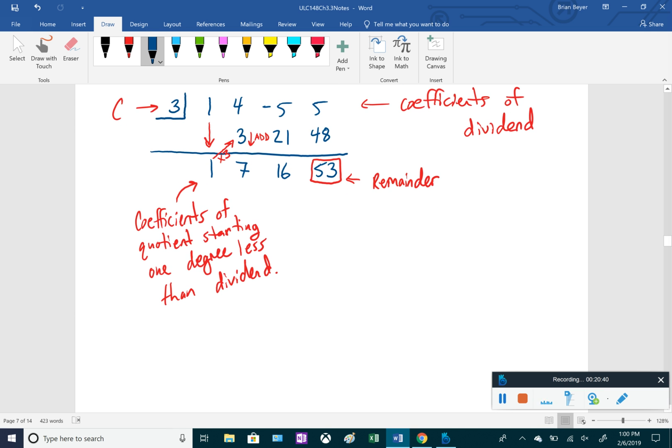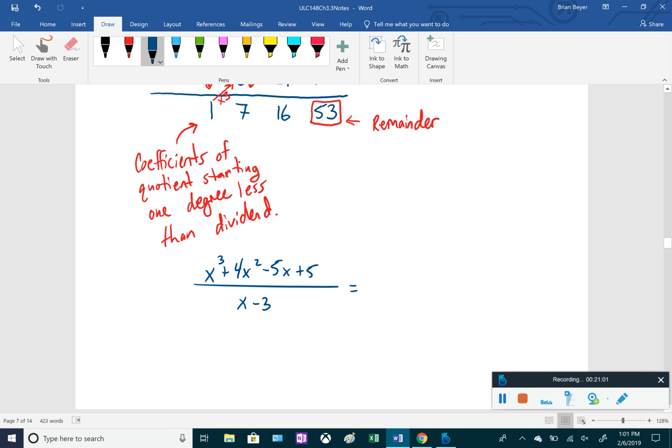So that means in division algorithm form, we divided x cubed plus 4x squared minus 5x plus 5 by x minus 3. So our coefficients here, 1, 7, 16, it's going to be 1x squared plus 7x plus 16.